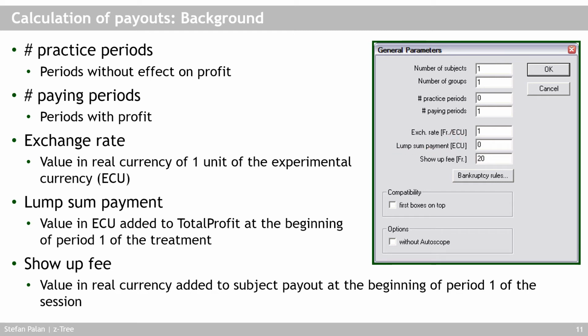The lump sum payment is a fixed payment that is added at the beginning of the first period and is specified in experimental currency units, whereas the show-up fee is also added at the beginning of the first period, but is specified in actual currency units, so real currency units.